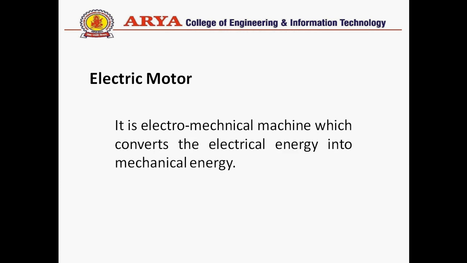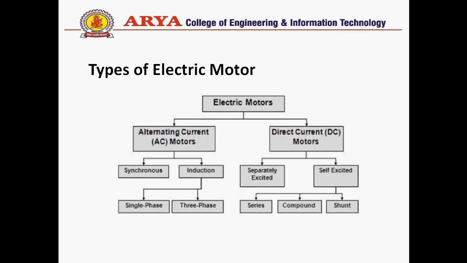Now, the types of electric motor. Electric motors are divided according to power supply into two parts, that is alternating current and DC current. And the AC motor is further divided into two types, synchronous and induction.